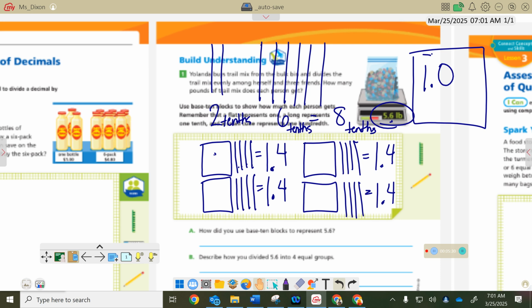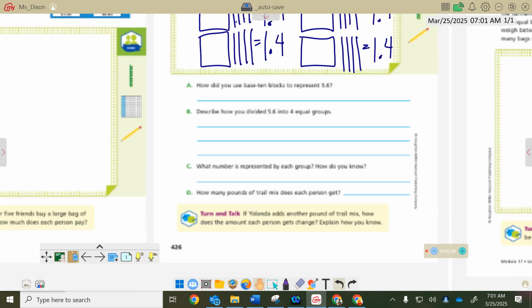All right, let's go to our questions on page 426. Question A. How did you use base 10 blocks to represent 5 and 6/10? Well, in our drawing, we use 4 flats, which equals 4 ones.